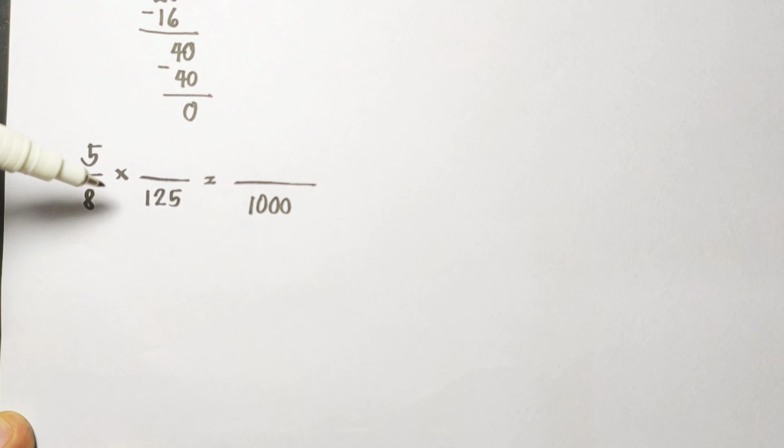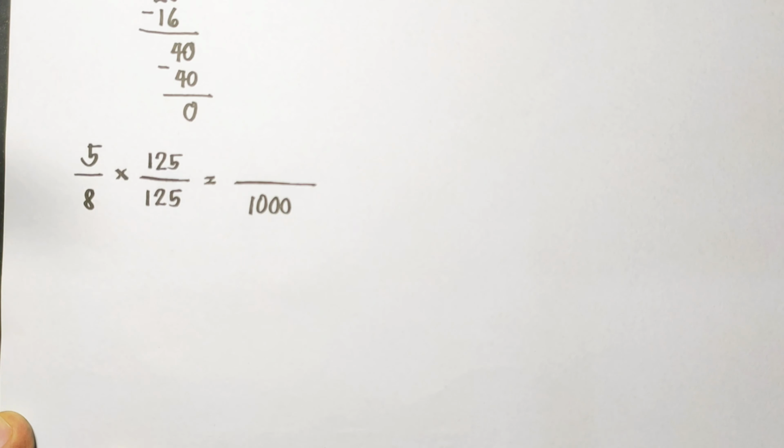Pero para maging 1,000, kailangan natin ang 125. So 125 times 8 is 1,000. So kung nag-multiply tayo ng 125 sa denominator, ganun din ang i-multiply natin sa numerator.